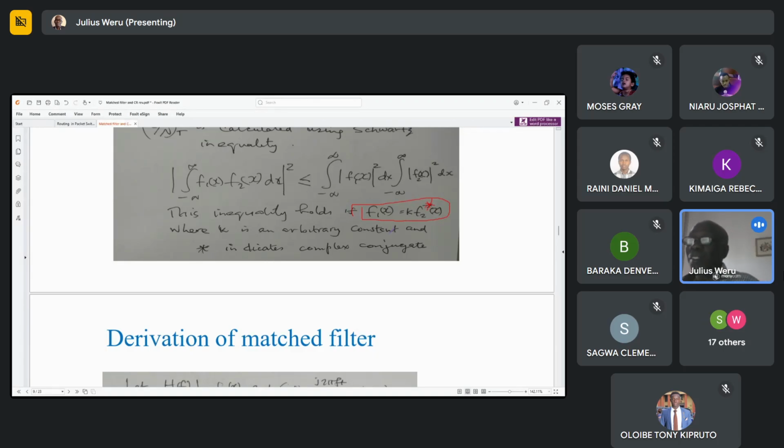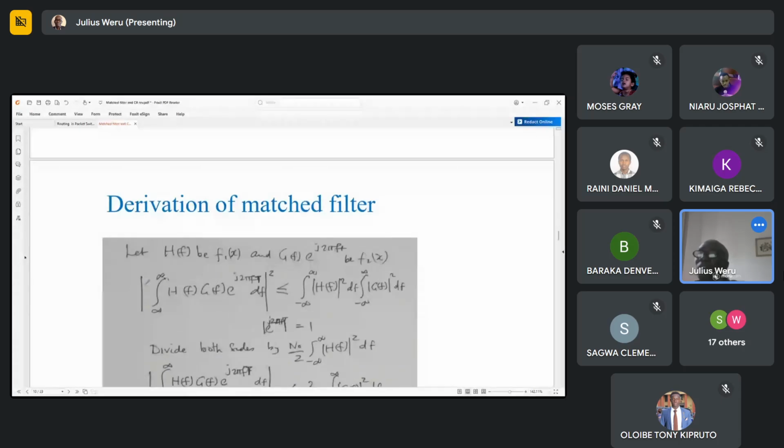Specifically, if we have x plus jy, the complex conjugate is x minus jy.